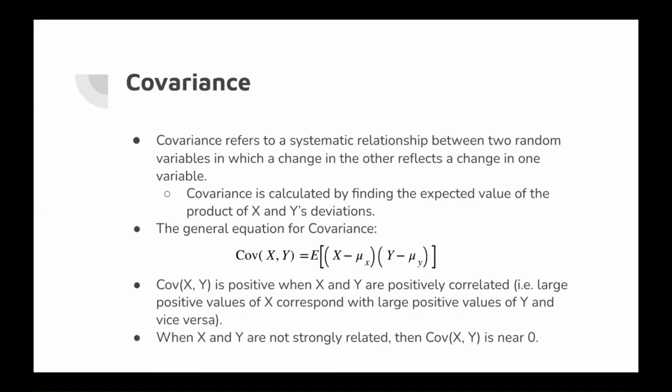Covariance specifically can be calculated by taking the expected value of the product of the deviations of X and Y. It's positive when X and Y are positively correlated, meaning large values of X are associated with large values of Y. And it's negative when there's a negative correlation, meaning large values of X are correlated with small values of Y and vice versa.